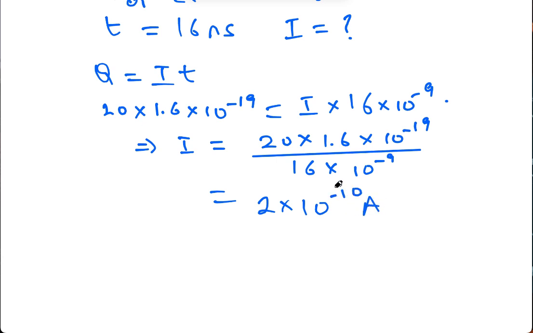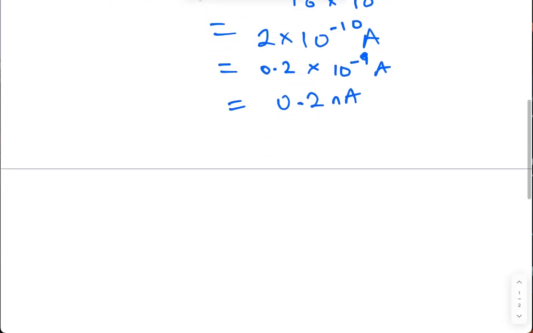To write it in accordance with how the options are written there, the options include 20 microampere and 0.2 nanoampere. So let's write this in form of nanoampere. If we multiply this by 10 raised to the power negative 1, that will be 0.2. Then what is left here will be 10 raised to the power negative 9 ampere, which is 0.2 nanoampere, and that's the correct answer to that.